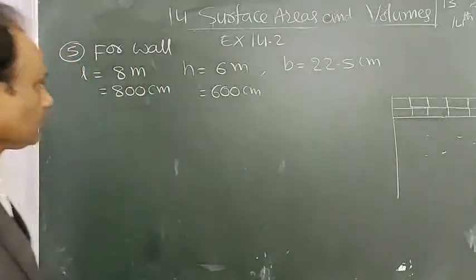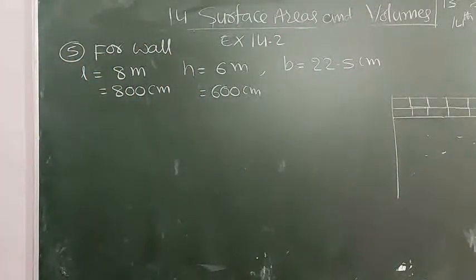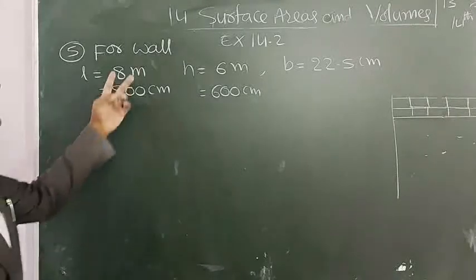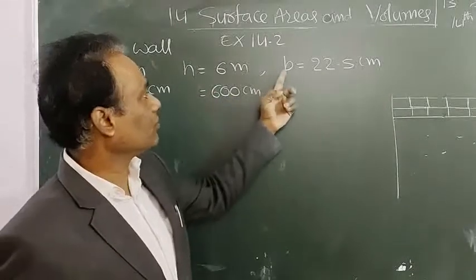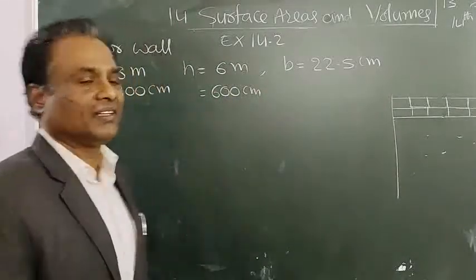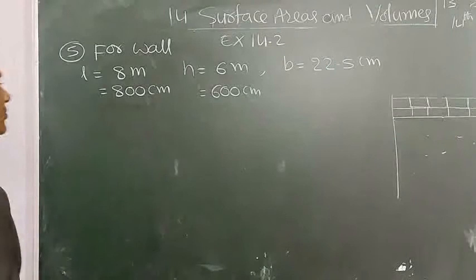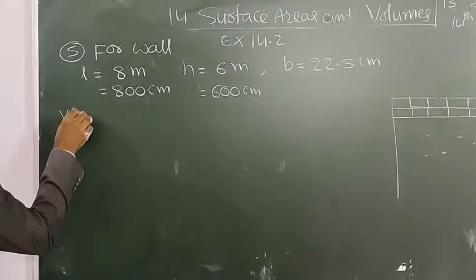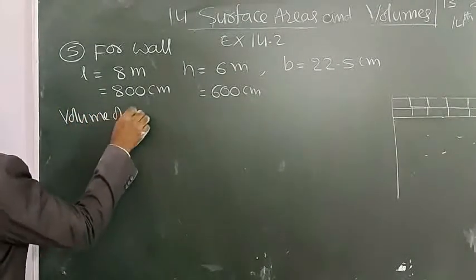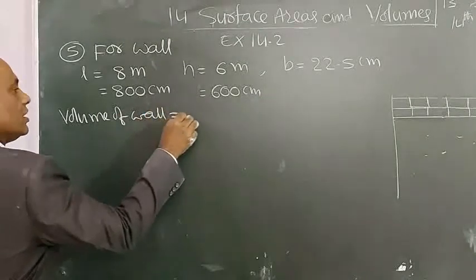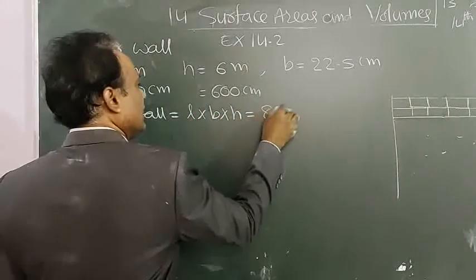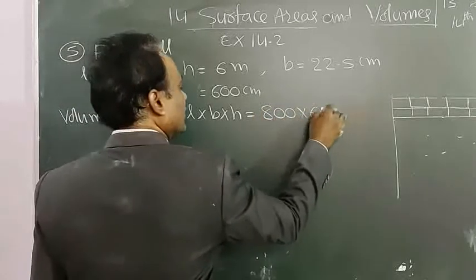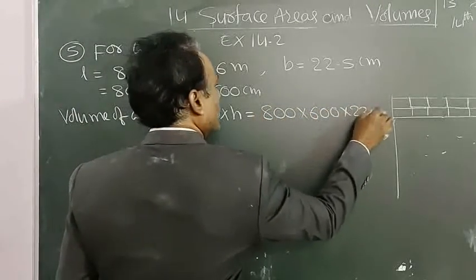Length is 800 centimeters, height is 600 centimeters, breadth is 22.5 centimeters. So volume of wall is equal to length into breadth into height, that is 800 into 600 into 22.5.